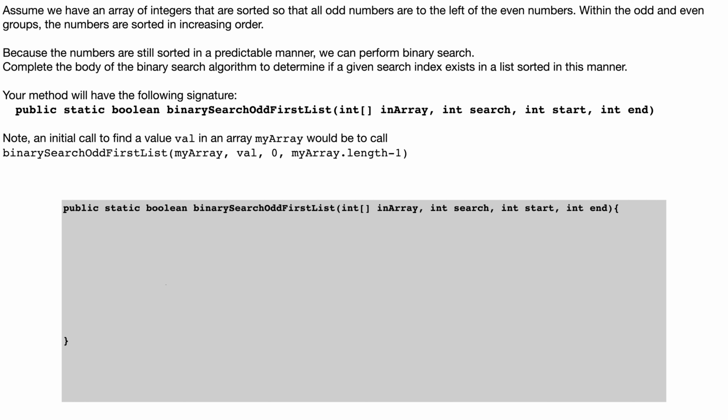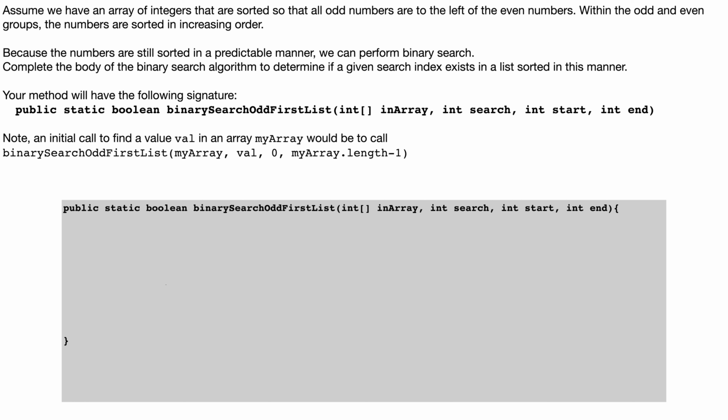So here we're going to assume that we have an array of integers that are sorted, but they're sorted such that all of the odd numbers are to the left of all of the even numbers. So within the odds and the evens, the numbers are sorted in increasing order.